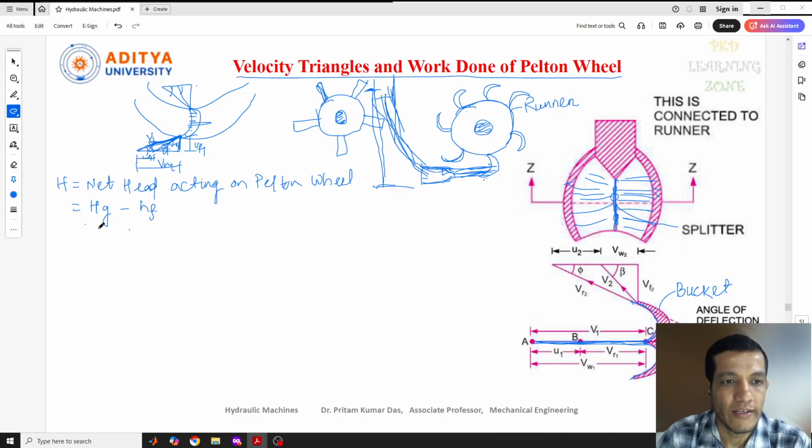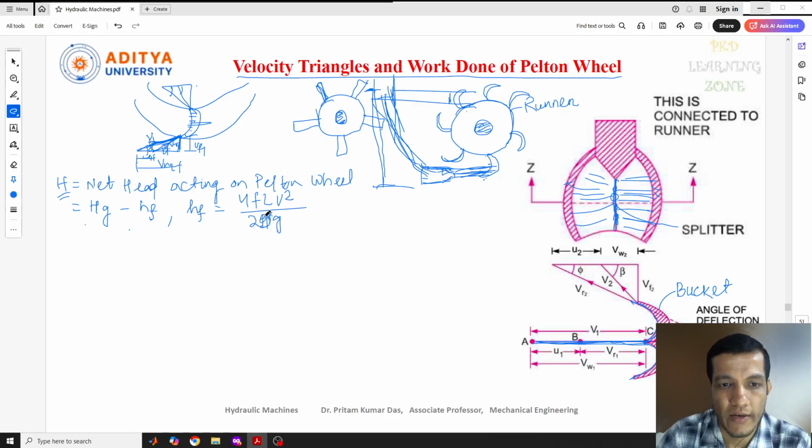We have seen the same thing previously, and here we call it hf. The net head is calculated as the total head minus the head loss due to this flow. So hf is calculated as 4fLV squared by 2Dg, the formula we have seen previously.